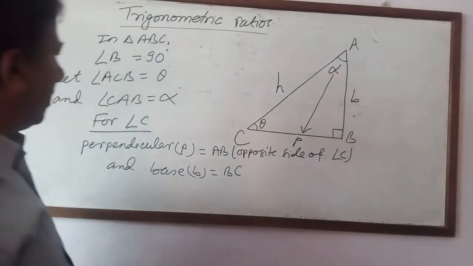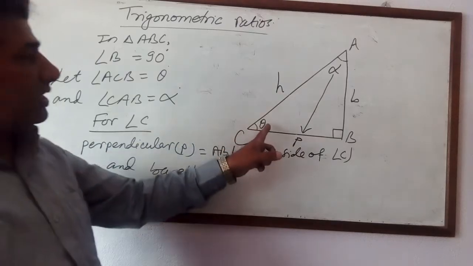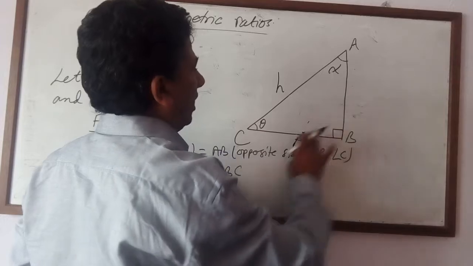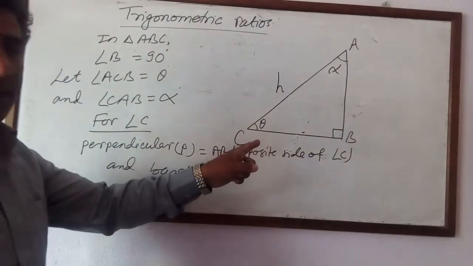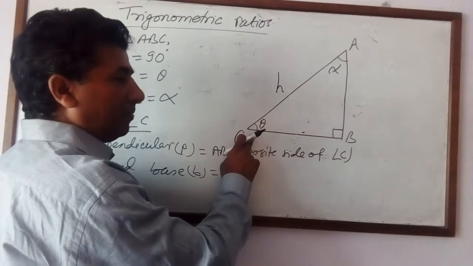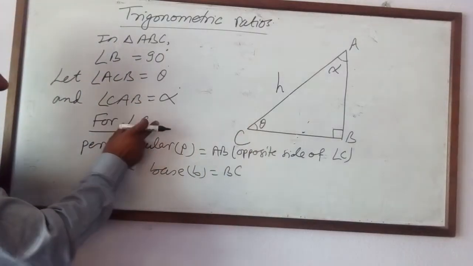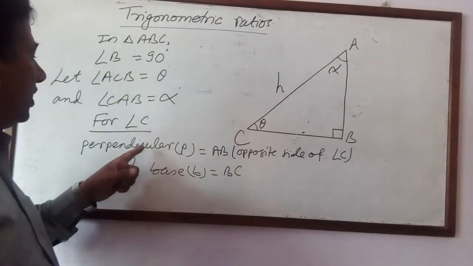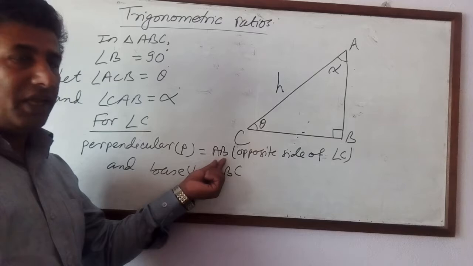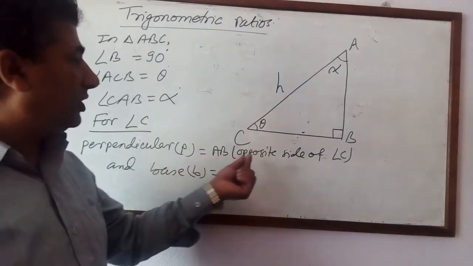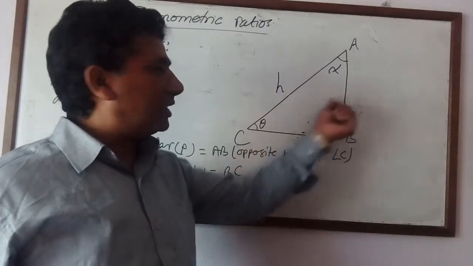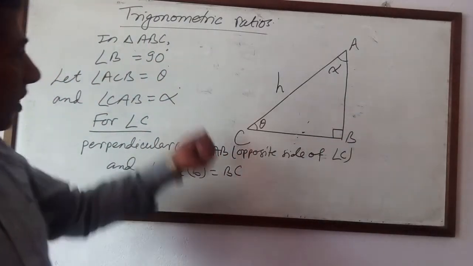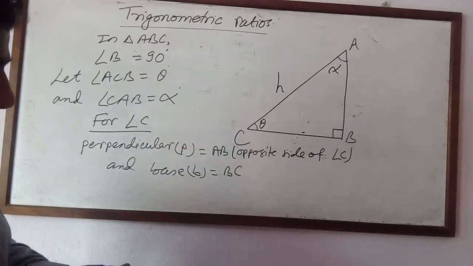Here I have written in this triangle: let this angle be theta and this one alpha. For angle C, taking it as the reference angle, the perpendicular P is side AB, which is the opposite side of angle C, and the base B will be BC. This is how to find perpendicular and base.